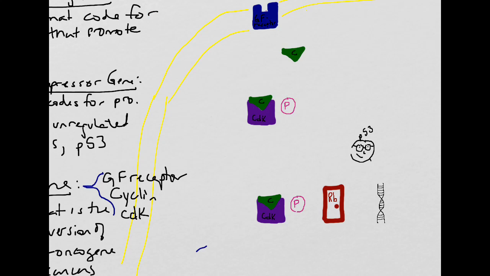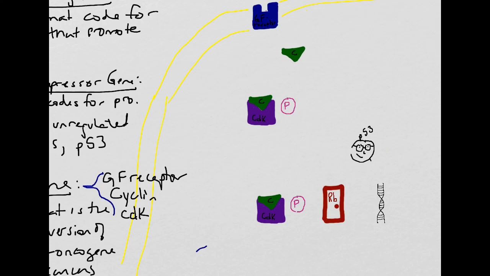Now remember, tumor suppressor genes are good guys. They stop mitosis unless it is supposed to happen. So RB is an example of a tumor suppressor, a protein that comes from a tumor suppressor gene, because it stops mitosis unless the correct pathway has occurred. And P53 is a tumor suppressor because he doesn't allow copying of bad DNA. All right, so these guys are tumor suppressors.